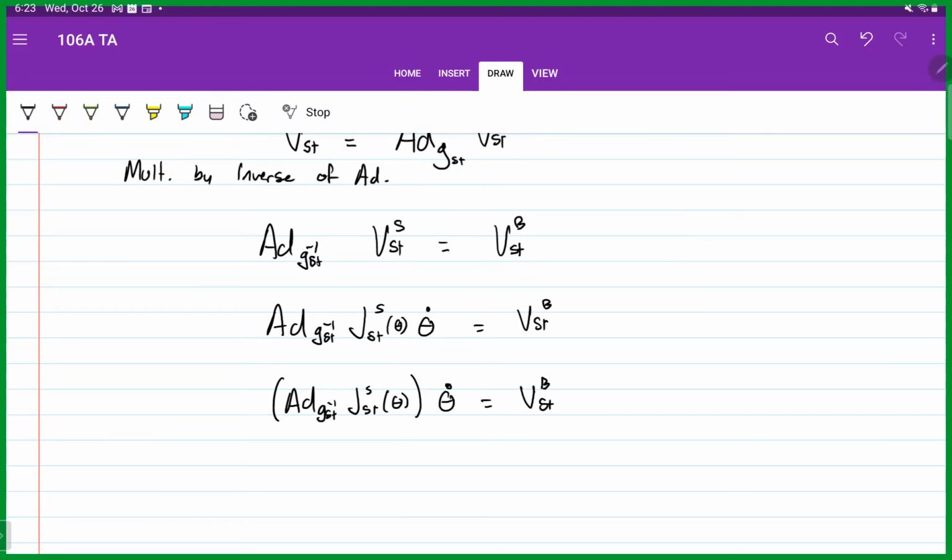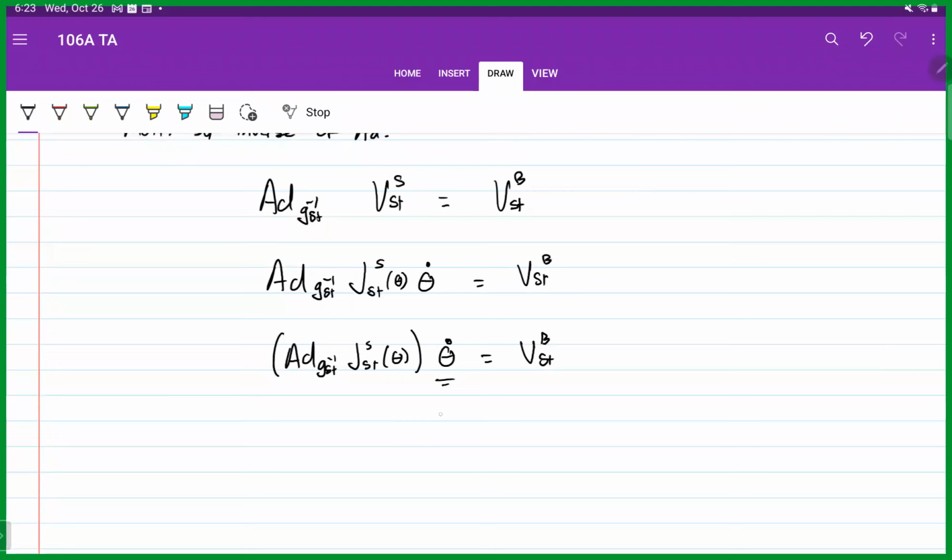So what we have right here is a map from theta dot that, when we multiply it by theta dot, gives us back our body velocity. Because it does this, this is exactly what we were looking for. This must be that body Jacobian that gives us the map between our joint velocities and our body velocity.